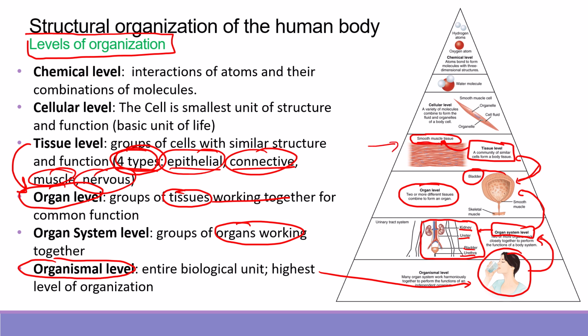What forms the bladder is the combination of those four tissues, and the tissue that we take as an example here is the smooth muscle, which is a muscle tissue. Now, the smooth muscle is the one that helps the bladder to contract, right?